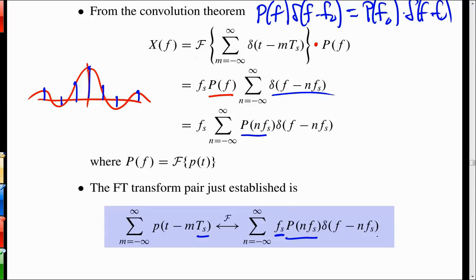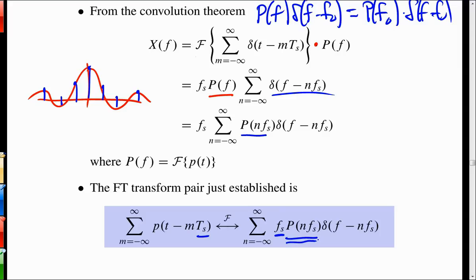So I'm starting with a periodic waveform, and then I study it and identify one period, and I call that one period P of t. Then I Fourier transform that one period and drop it in right over in here, and put Fs next to it, and I've got the spectrum, and effectively I've got the Fourier series.